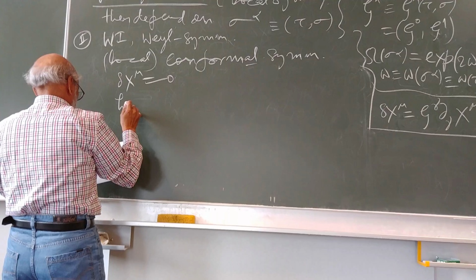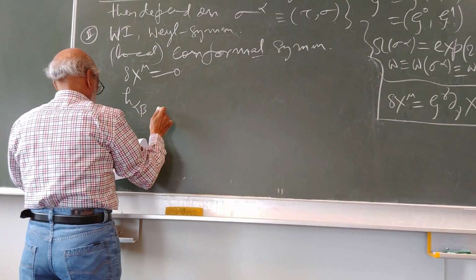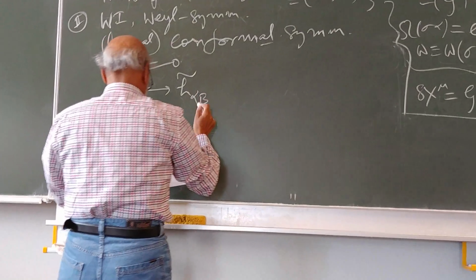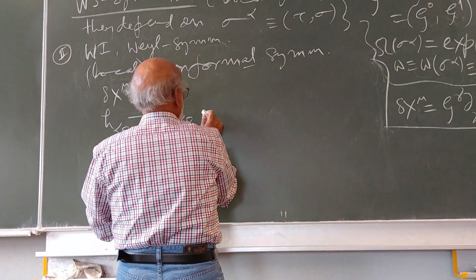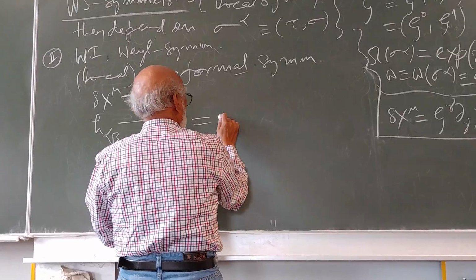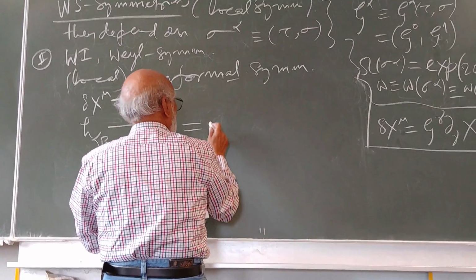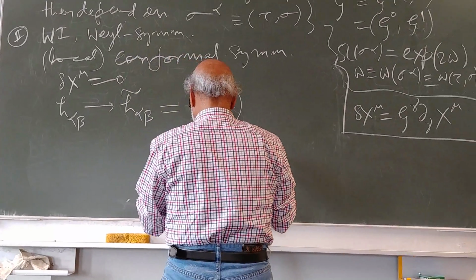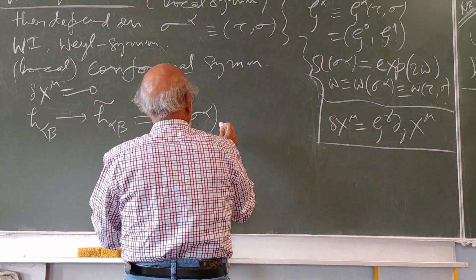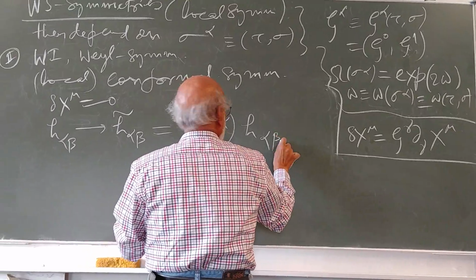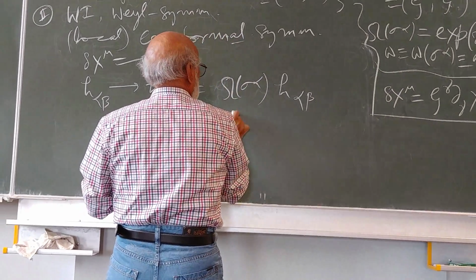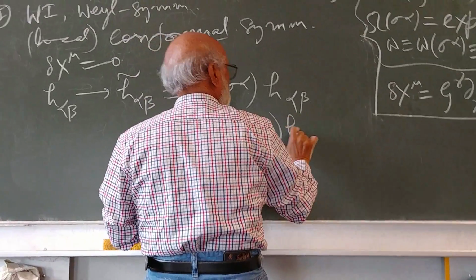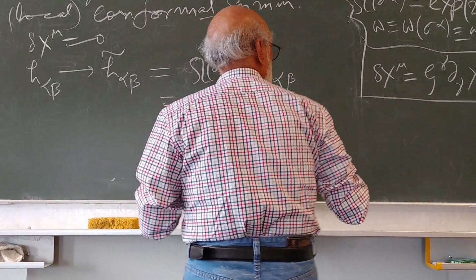However, h alpha beta goes to h tilde alpha beta, and this is equal to, so I can write it in 2 different ways, as this times h alpha beta or as exponential of 2 omega times h alpha beta.